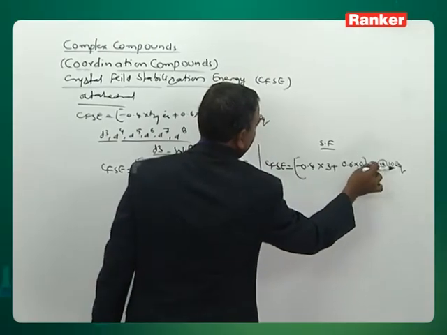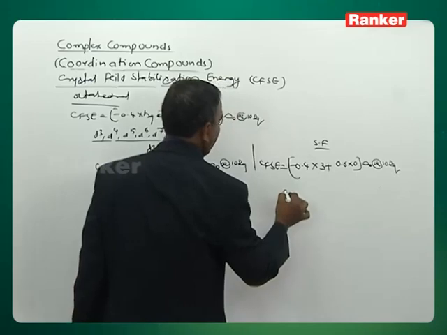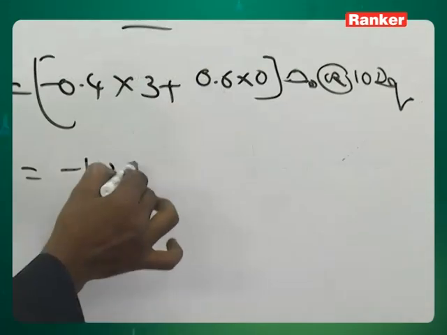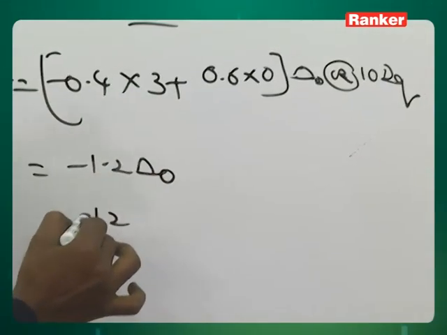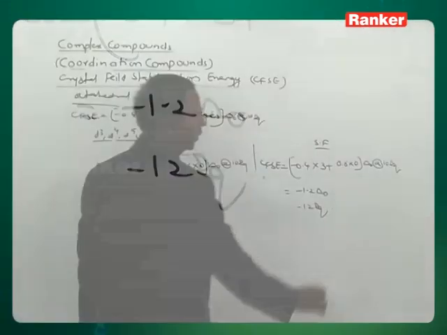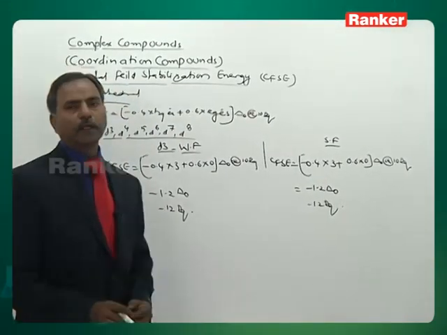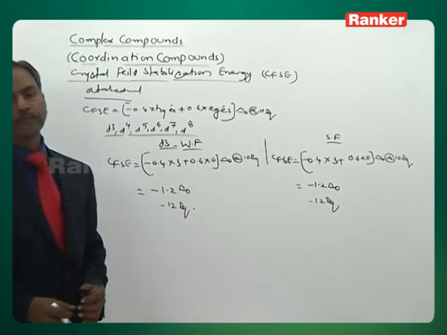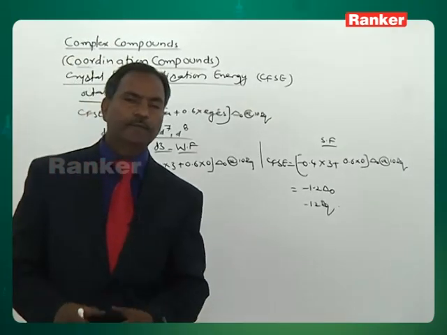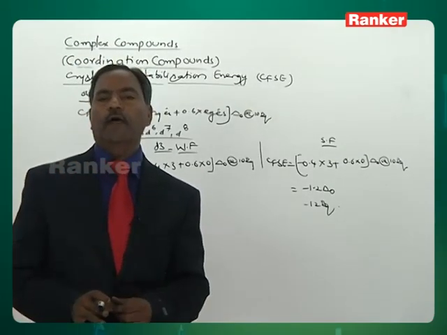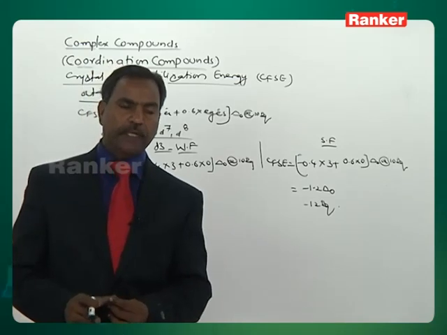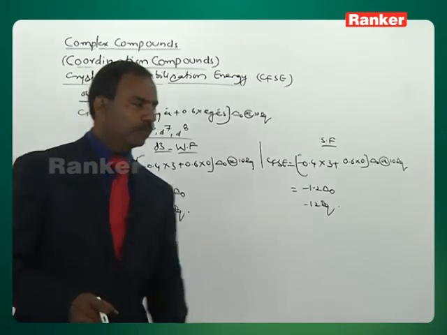The value is coming the same, minus 1.2 delta O or minus 12 Dq. So for d3, in the weak field and strong field, the distribution of electrons is the same and the value is also the same.